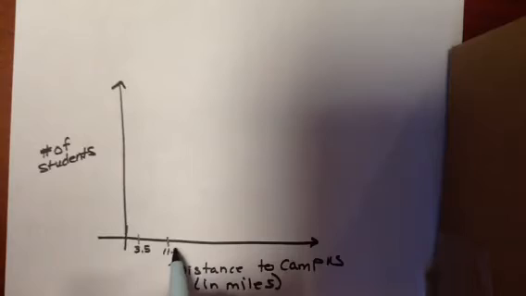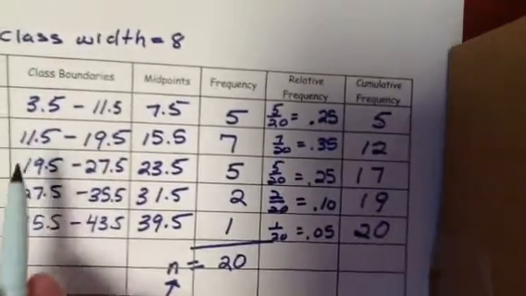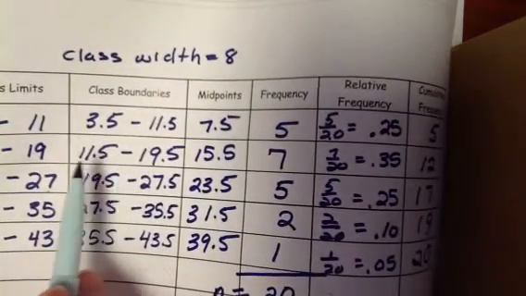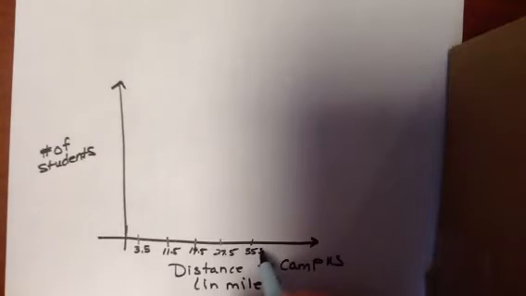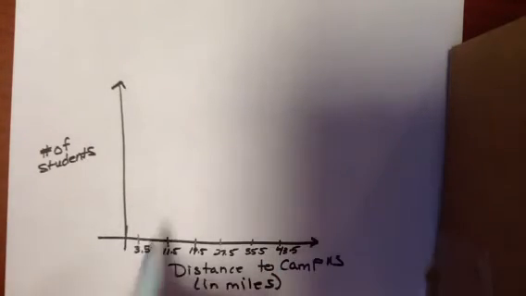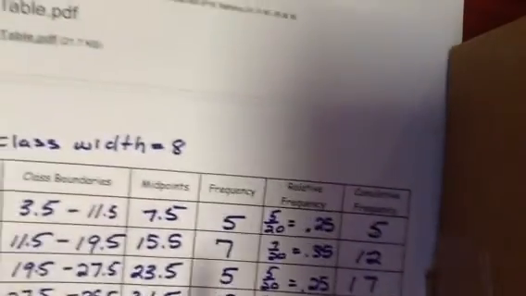And I'm just spacing it out for my class boundaries, which I have as 3.5 to 11.5, 11.5 to 19.5, 19.5 to 27.5, 35.5, and 43.5. The height of each bar will be the height of the frequency for that class.